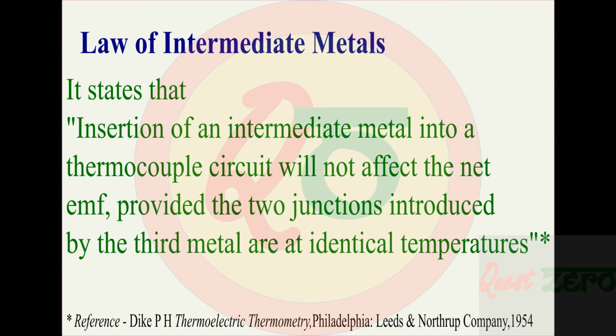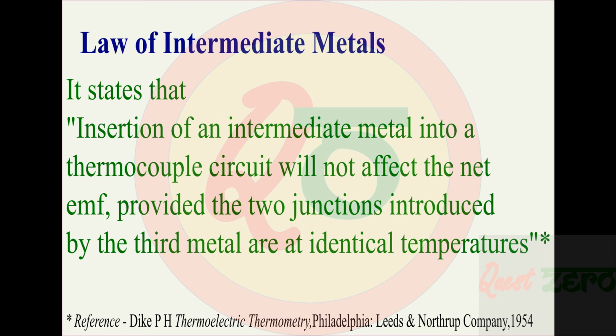So considering the law of intermediate metals, it states that inserting an intermediate metal into a thermocouple circuit will not affect the net EMF that is being generated from the circuit, provided those two newly created junctions because of the third metal should be at identical temperatures.